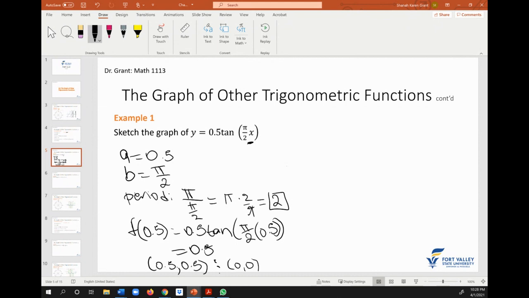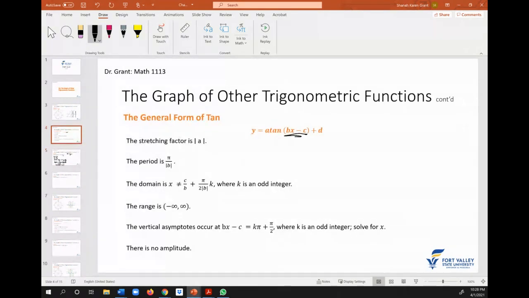Alrighty, so now the last thing that we need to find, which is very important, are the vertical asymptotes. And so to find the vertical asymptote, remember we're going to set whatever is in our parentheses, so that's going to be pi over 2x, equal to k pi plus pi over 2.